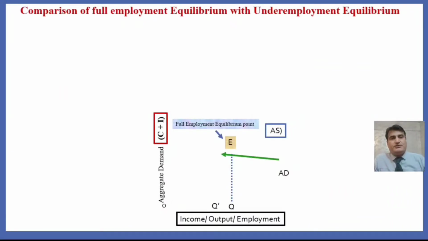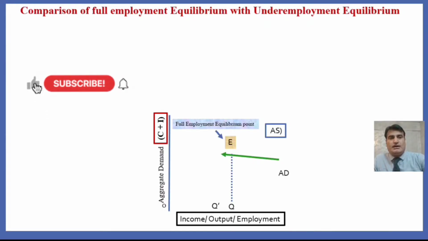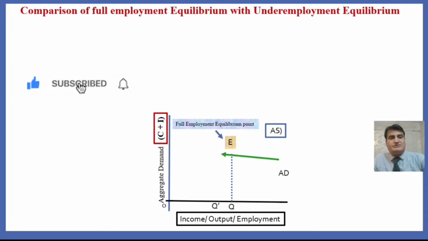How to compare the full employment equilibrium with underemployment equilibrium? So you can see here that the aggregate demand has been shown on x-axis, whereas the aggregate supply or income has been shown on y-axis, and this is the aggregate demand and aggregate supply at point E, where E is the point of full employment where aggregate demand and aggregate supply are equal.